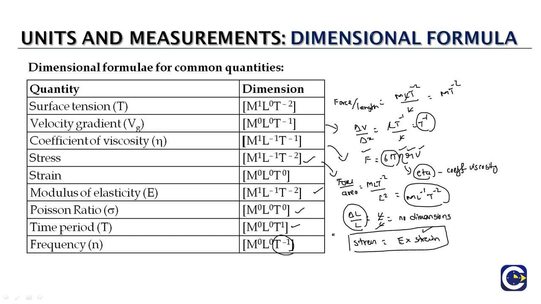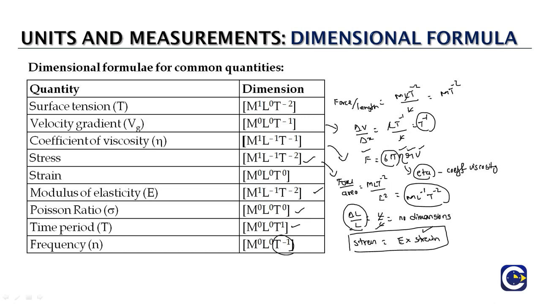So whenever we have a physical quantity, we must have an equation where this quantity appears, and in that equation, if all the other quantities have known dimensions, then we will be able to find the dimensions of the unknown quantity. So this is the basic approach to find the dimensional formula for any physical quantity.